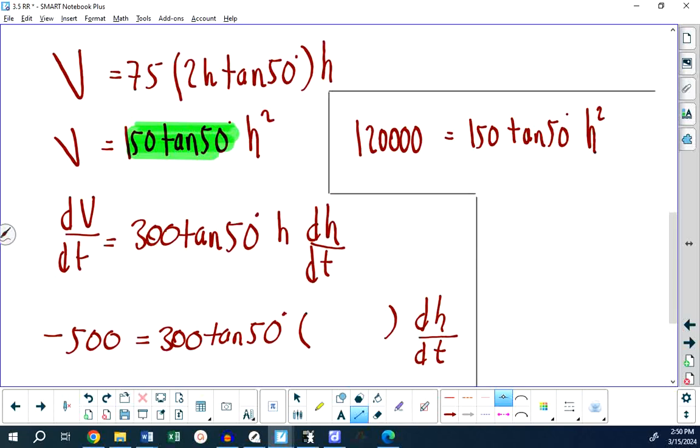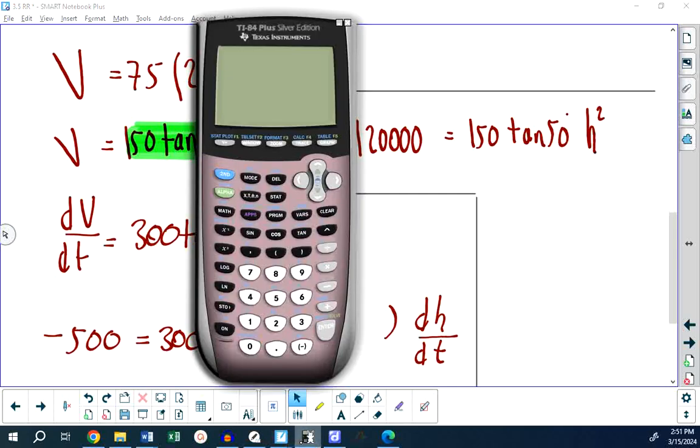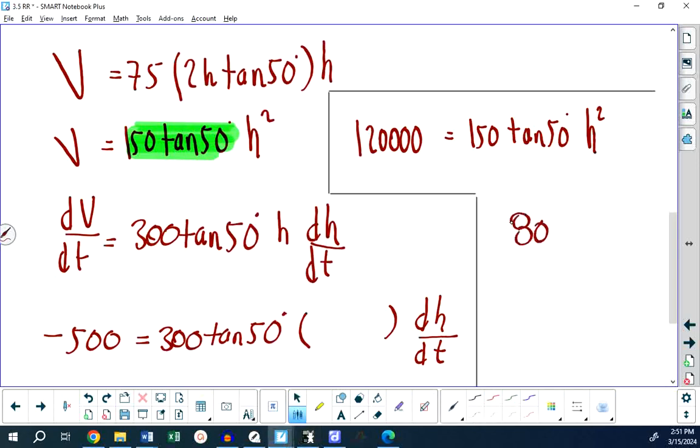I have to take 120,000 divided by 150, which is 12,000 divided by 15. Couldn't be bothered. 800, thank you. 800 over tan 50. And we need to take the square root. This is h.